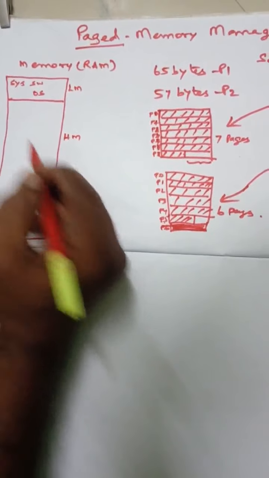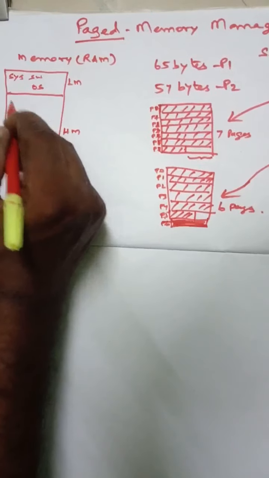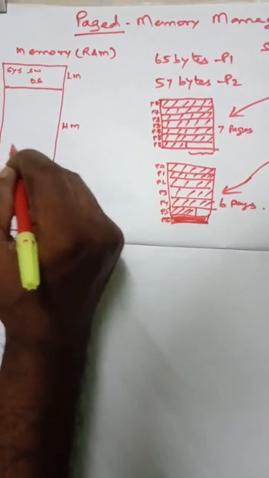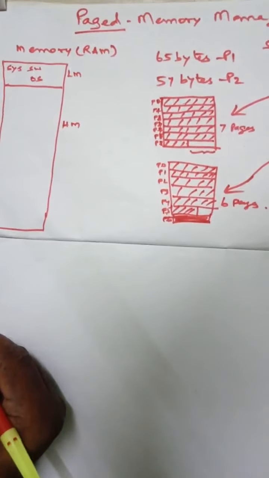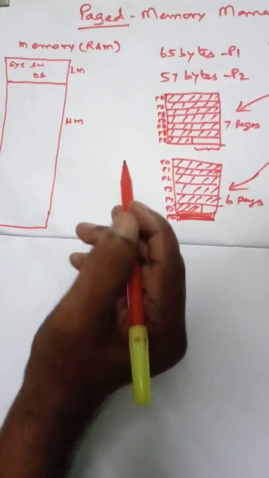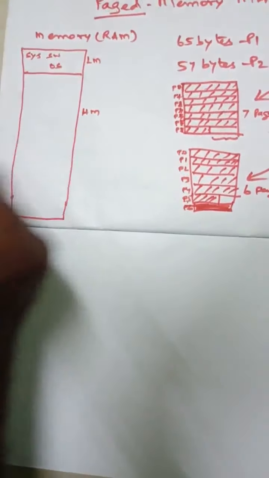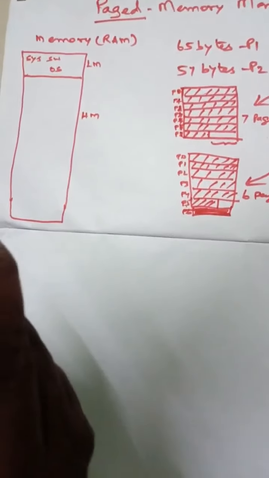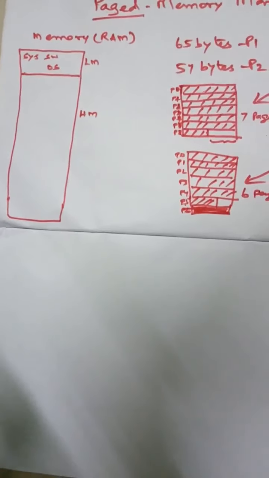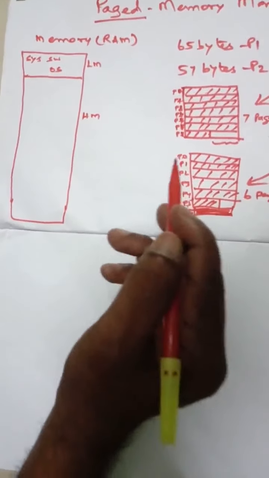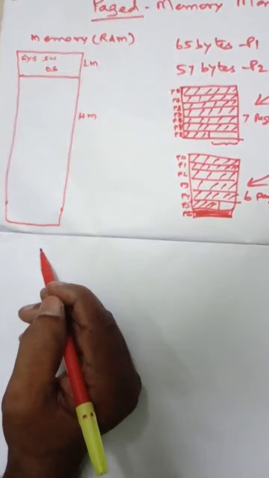So the entire user memory area must be divided into many partitions, each the size of a page. Very clear? Here the size of the page is 10 bytes.